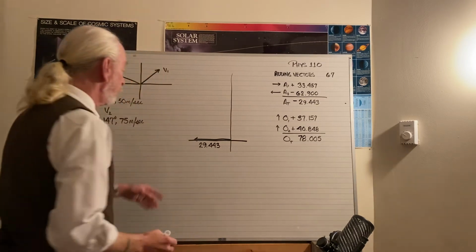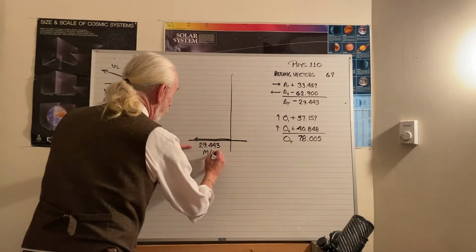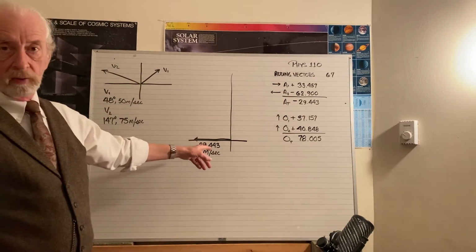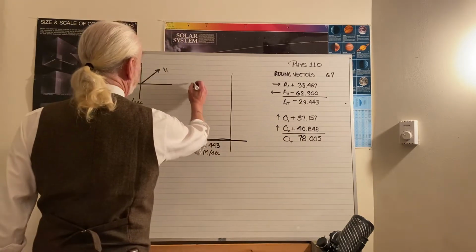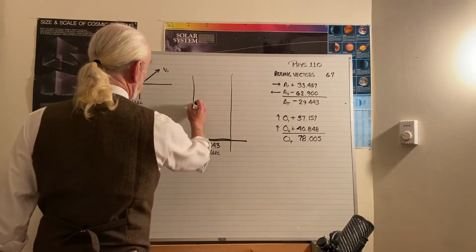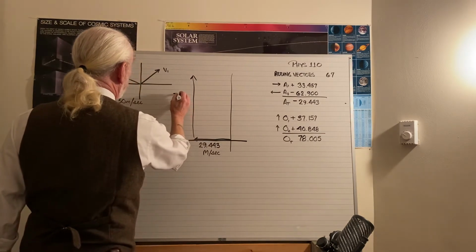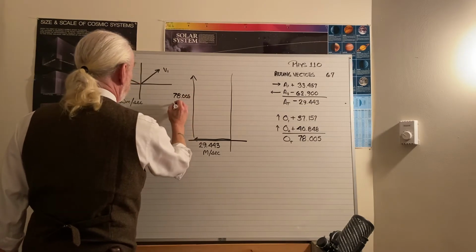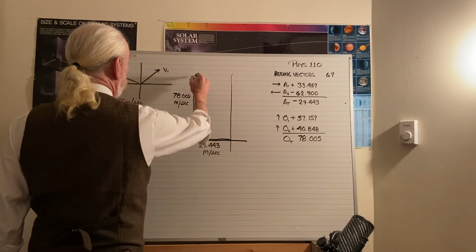And notice I do not put a negative sign here. And the reason that I don't is because I don't have to. I've already indicated the direction. 78.005, it's positive, so it's going to go like this. Okay, so this will be my resultant.